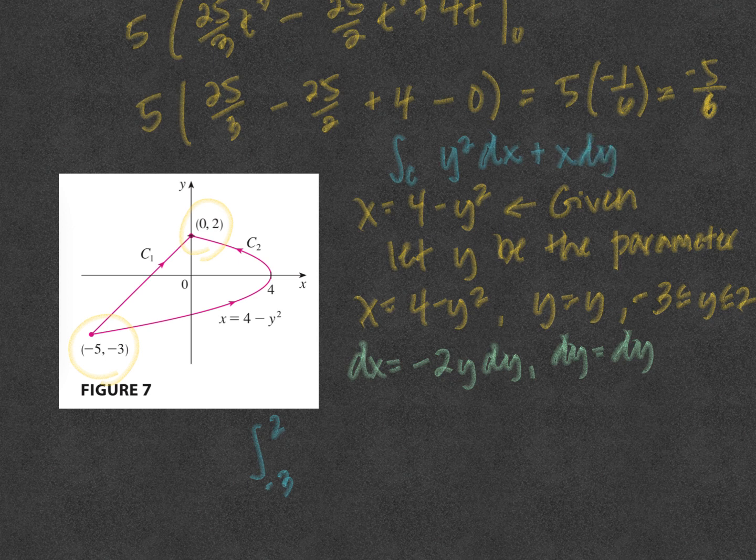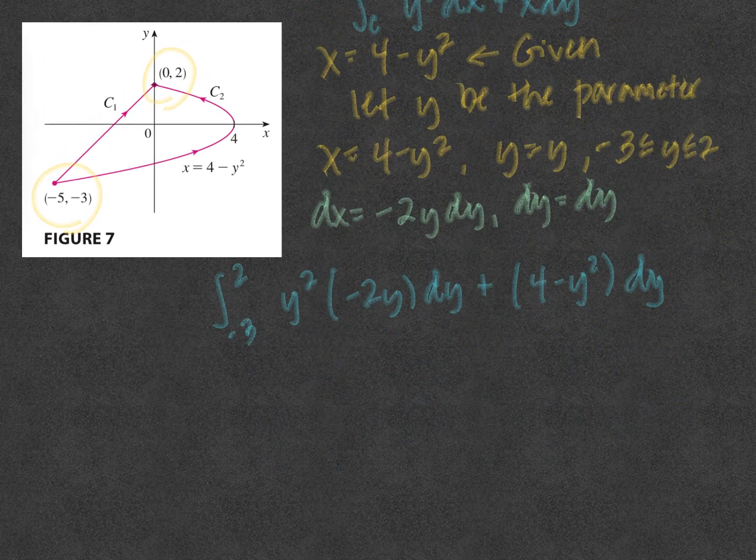Okay, now we can say the integral from negative 3 to 2, and y is just y, and we're going to square it, times dx, which is negative 2y dy, plus x, which is 4 minus y squared, times dy, which stays dy.